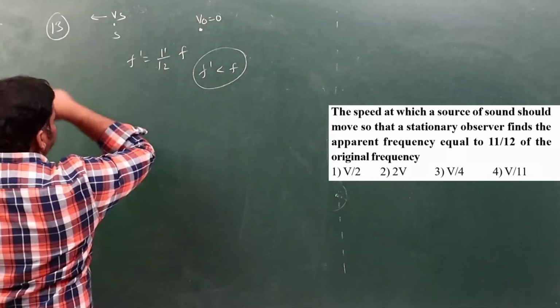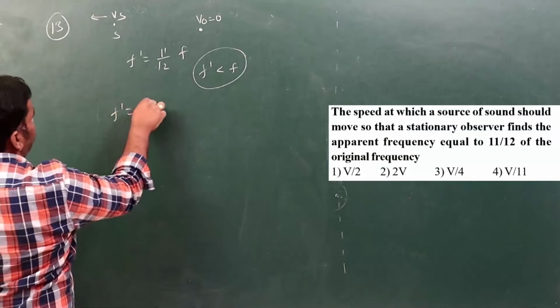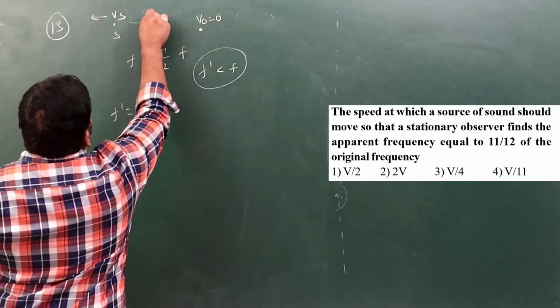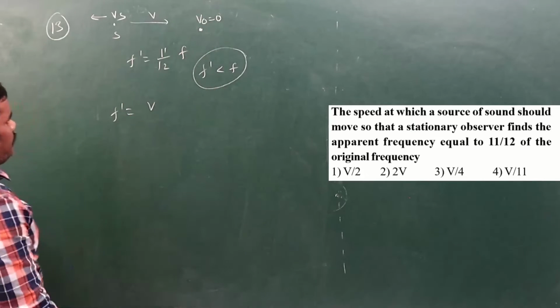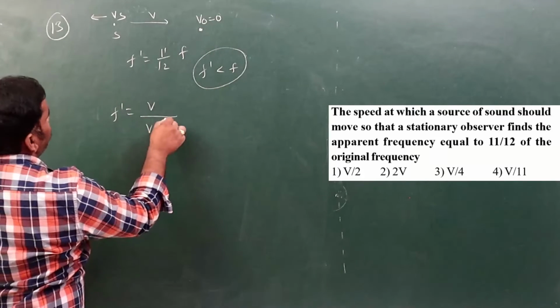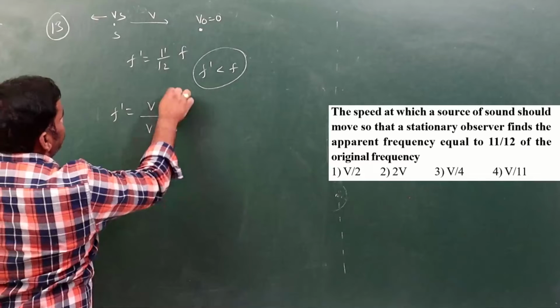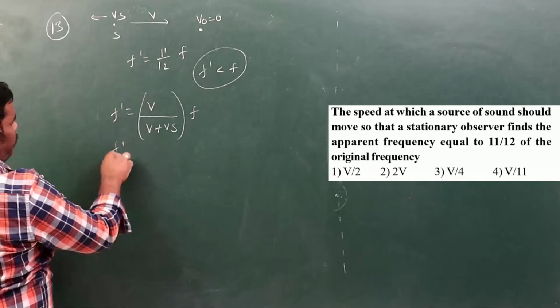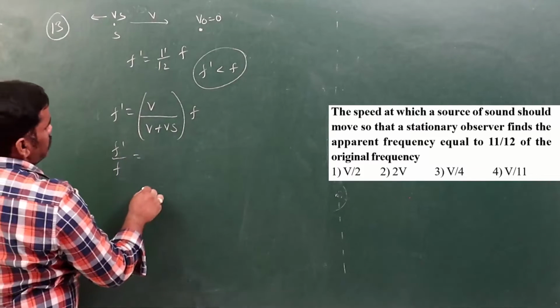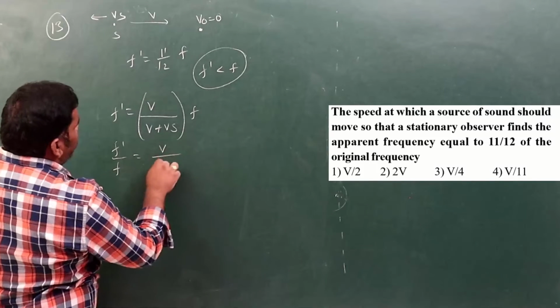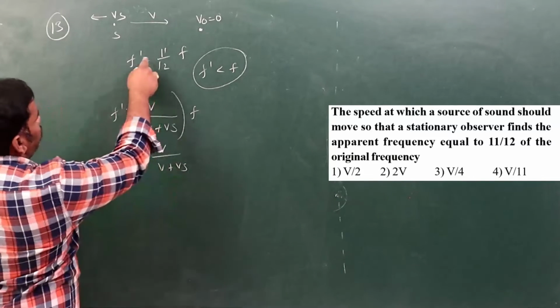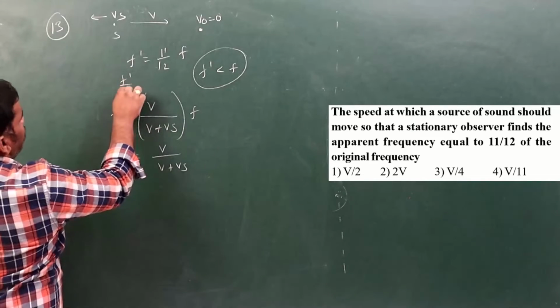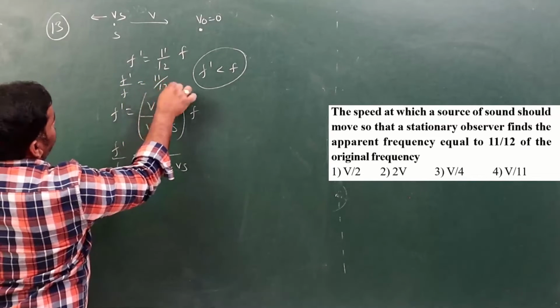So the apparent frequency f dash is equal to v by v plus vs into f, as the velocity of sound is always taken from source to observer. Here f dash by f is equal to v by v plus vs, which is 11 by 12.